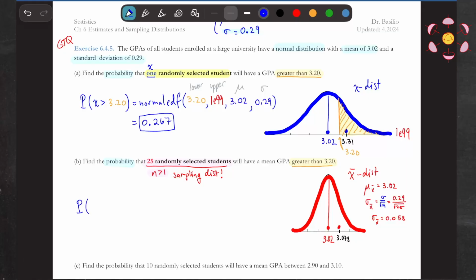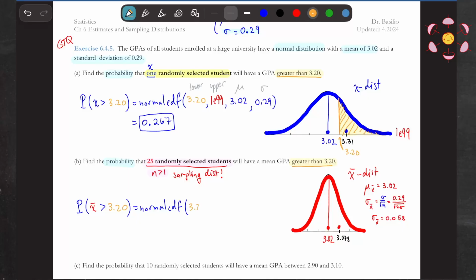So here's the notation. P of X bar is now bigger than 3.20. So the number is the same cutoff, but conceptually we're doing something totally different. So we're going to have normal CDF, since central limit theorem tells us that the X bar distribution, the red, is approximately normal.